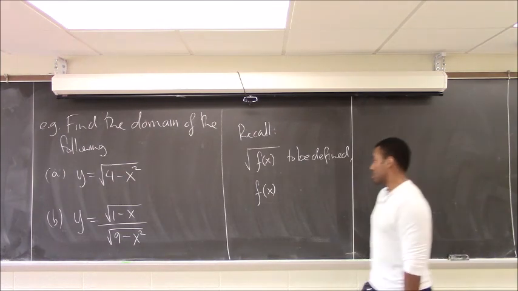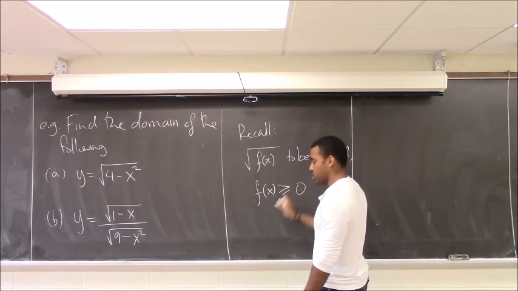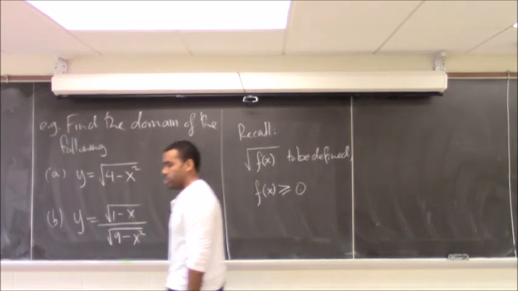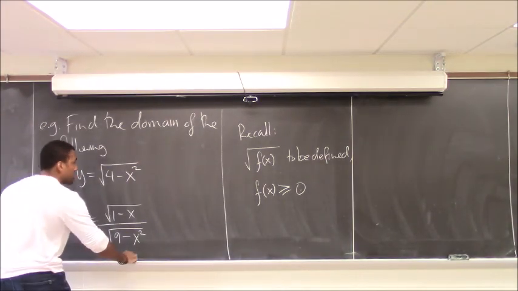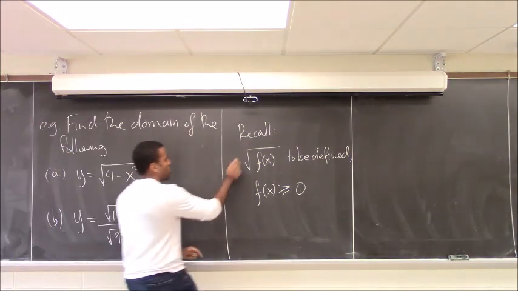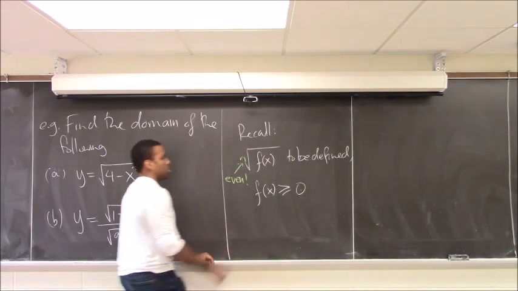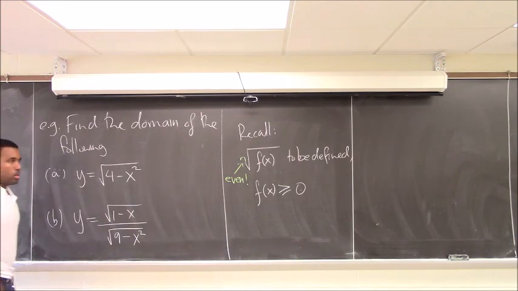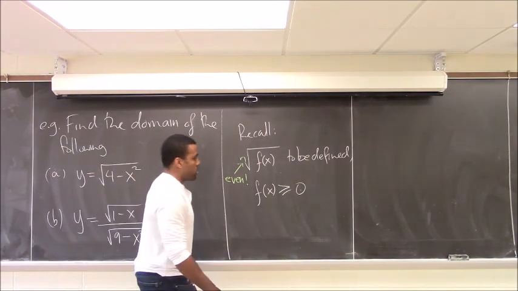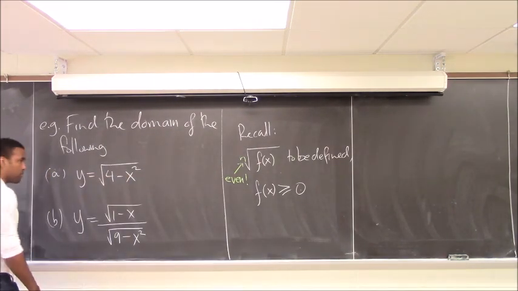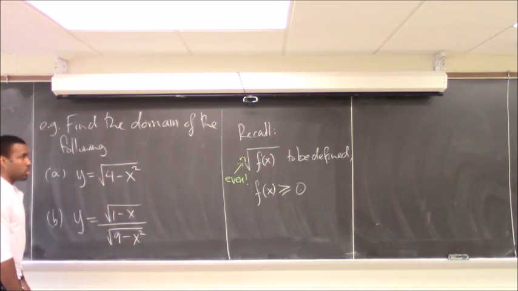It can't be negative. So the function itself must be greater than or equal to 0. Right? So there's an inequality restriction here. And this works for square roots. It also works for any even root. So this will only work when your function is non-negative. And of course your function has to make sense otherwise.